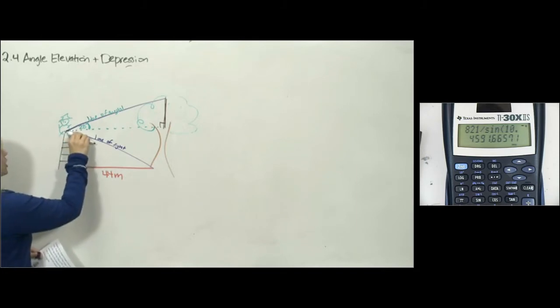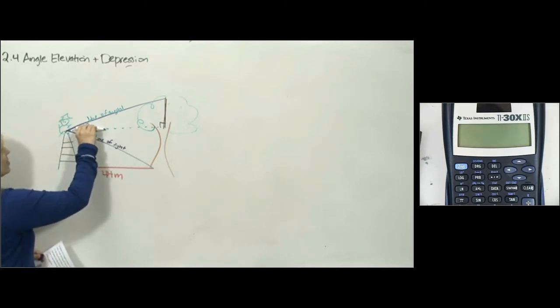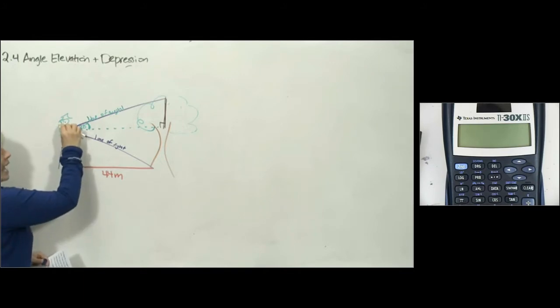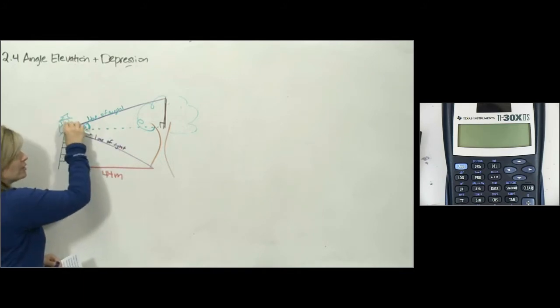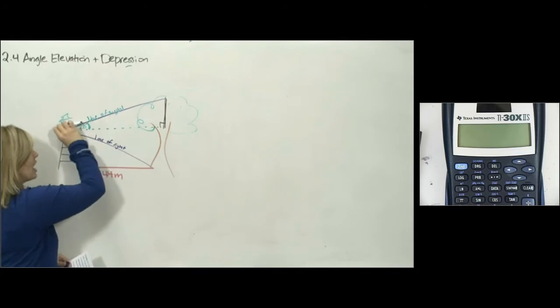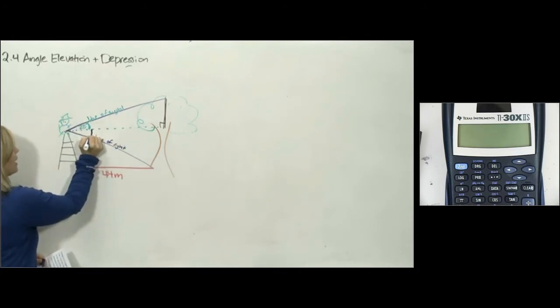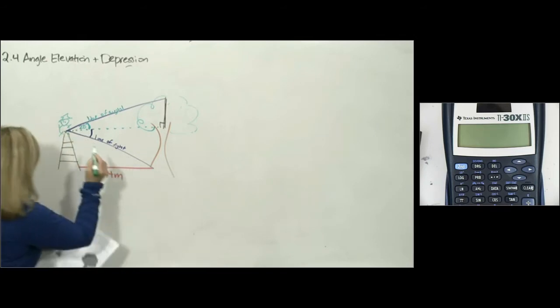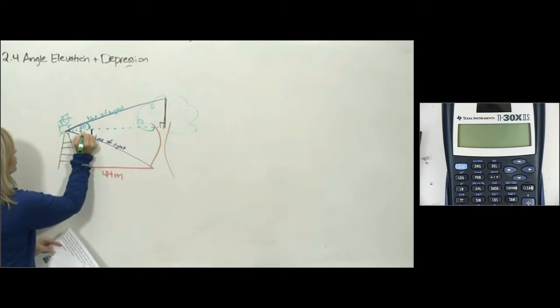The angle of depression is made by the line of sight and the sky. It's not this angle here. It's not made with a vertical line. The angle of depression is made with the diagonal and the horizontal. So this is your angle of depression right there. And that was 36 degrees.